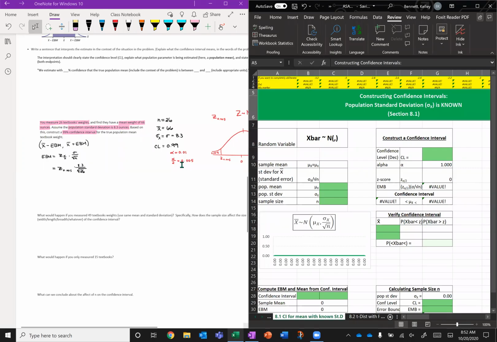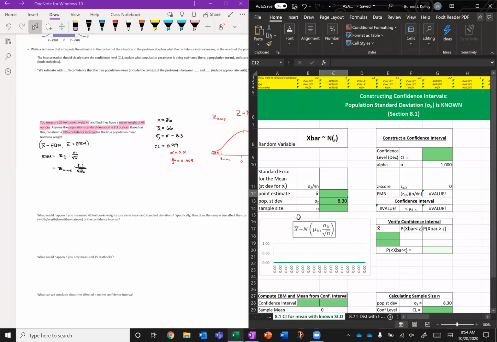So we're just going to put in our population standard deviation, which is 8.3. We'll put in our point estimate as well, which was 66. And we have to give it the sample size, which was 26.